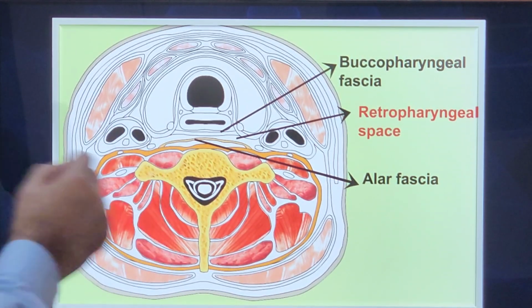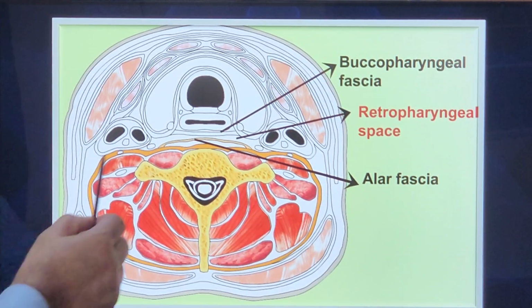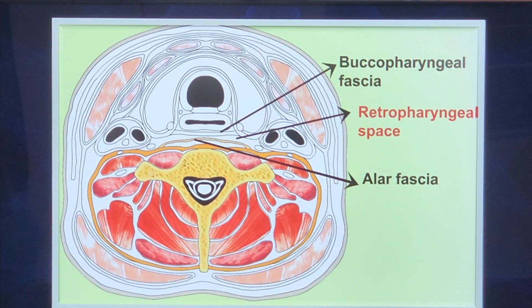The extent of both is different. The true retropharyngeal space starts from the skull base and goes up to the level of T1 and blends up to T4. The alar fascia starts from the base of skull and extends beyond T4. That is the difference.